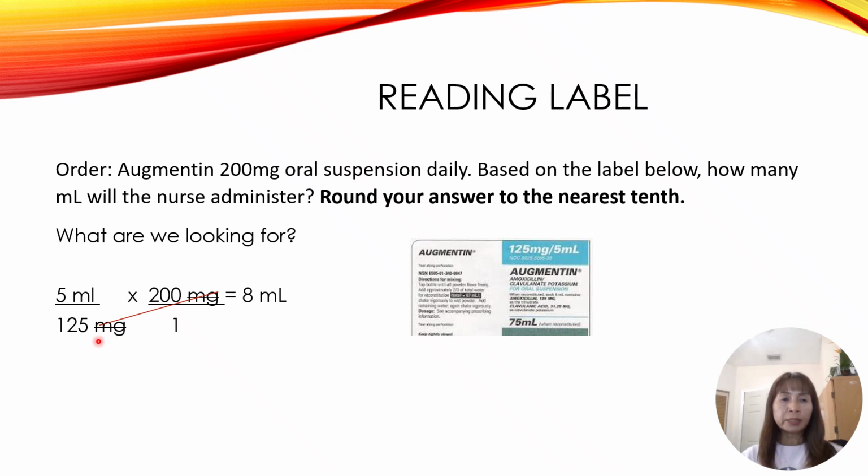Now I need to cancel these milligrams because I will only need the ml. So now I'm going to put the doctor's order, which is 200 milligrams, over 1 because this is one order. Now cancel the milligrams. What we have left now is the ml. The next thing is we are going to multiply. So 5 times 200 divided by 125 will give us 8 ml. This is how much we're going to give to the patient.